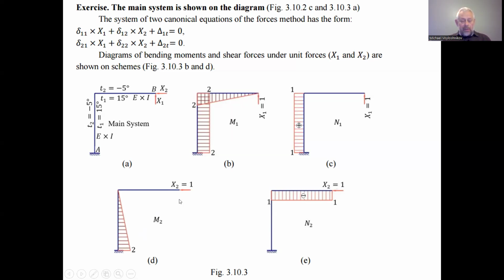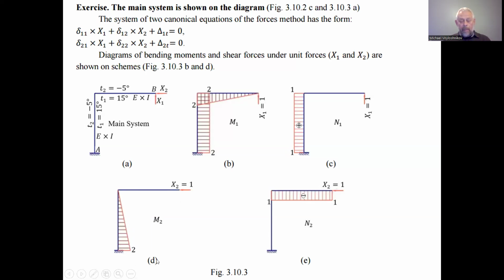Under the action of the unit force applied to the point B leftward, we have the bending moment diagram as well. This force does not cause a bending moment in the horizontal element of the mechanical system, because this element is in the line of action of the force, and we have a linearly increasing bending moment under the action of the unit force in the second direction in the vertical element.